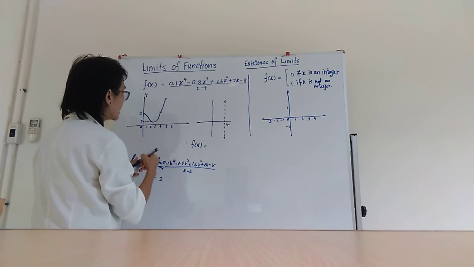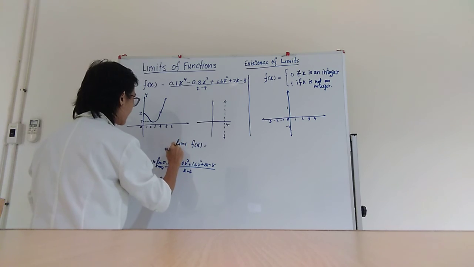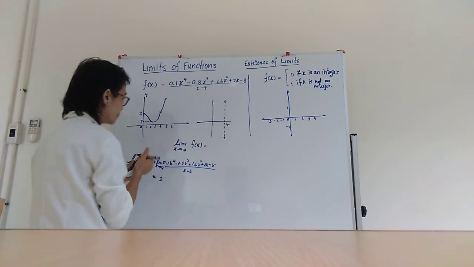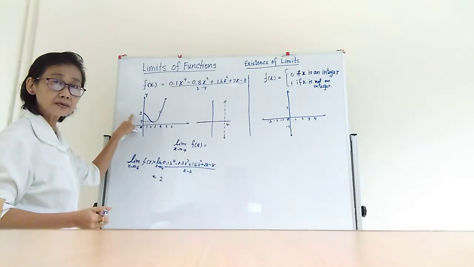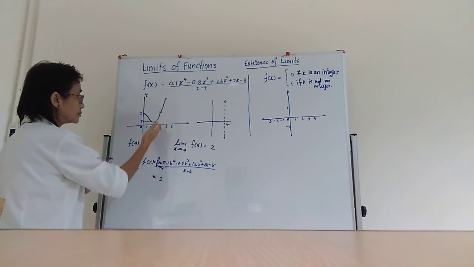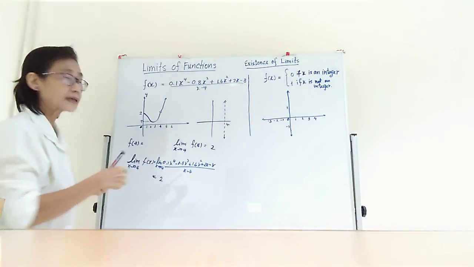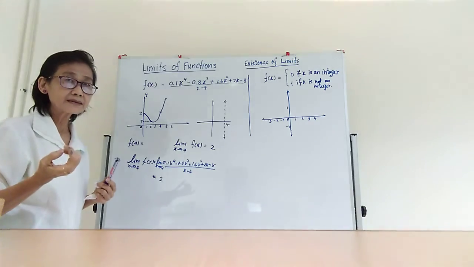But in this case, if I ask you the limit of f of x when x equals 4, what are you going to answer? You will answer equal to 2. Okay, in this case you answer 2. If I ask you the function f of x when x equals 4, you can say undefined, doesn't exist, no answer.